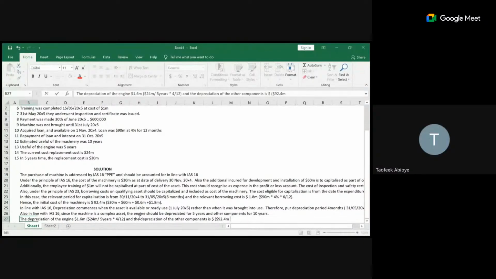Now, out of it, we have 24 for the engine. So 92.4 minus 24 is 68.4.